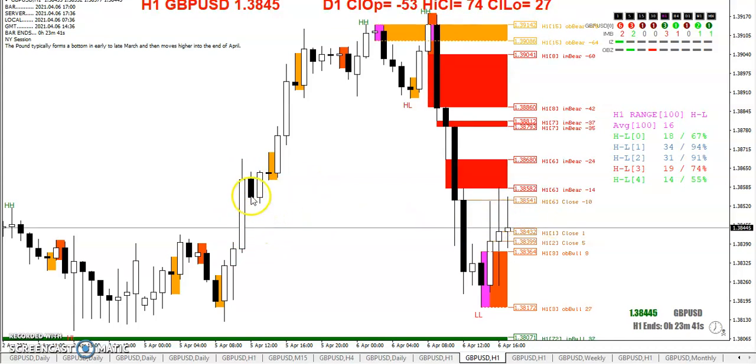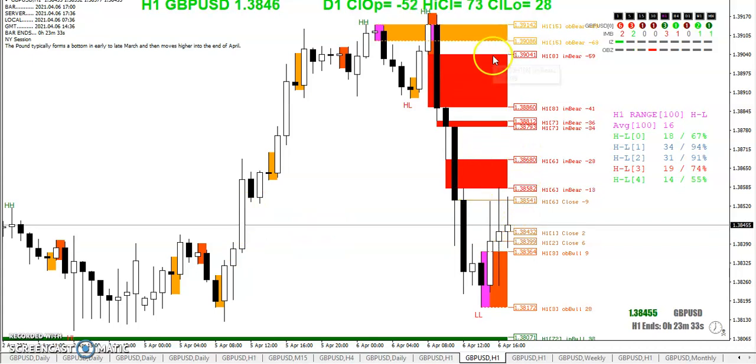But what this is telling me is that the buyers could be loading up in this zone, and when it shoots through, it's probably going to take out all of these bearish imbalances up above. Right now, this bearish imbalance on H1 is 138.58, and five hours ago price touched the edge of it and rejected off to the south.